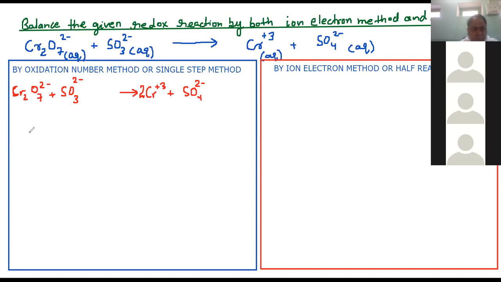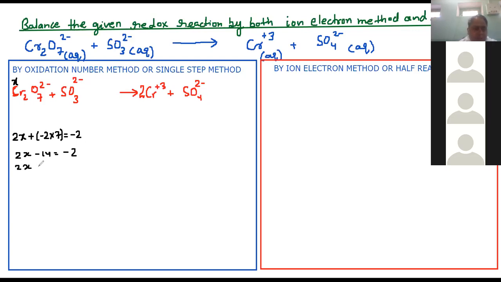Now, to find the oxidation number of this chromium, we will consider its oxidation number to be X. So we can write now 2X plus minus 2 into 7 equal to minus 2. So 2X minus 14 is equal to minus 2.